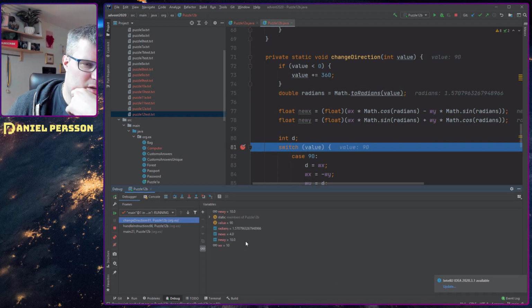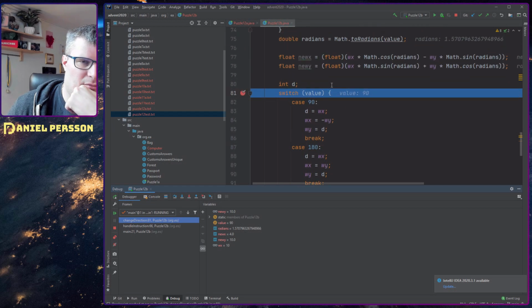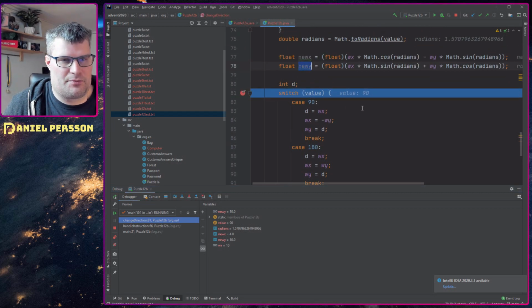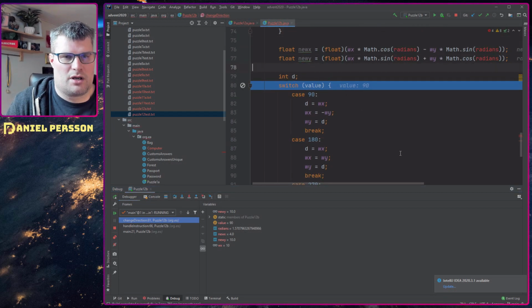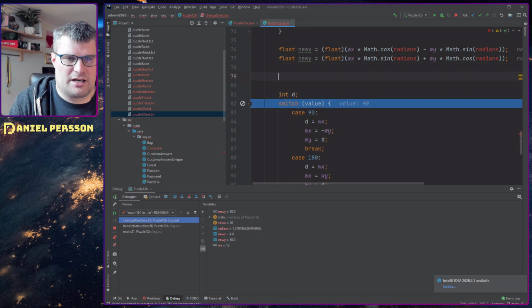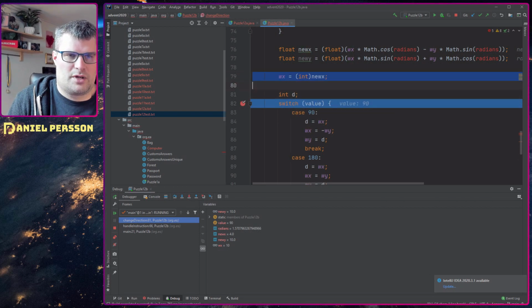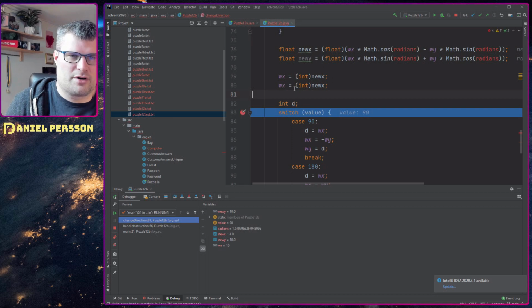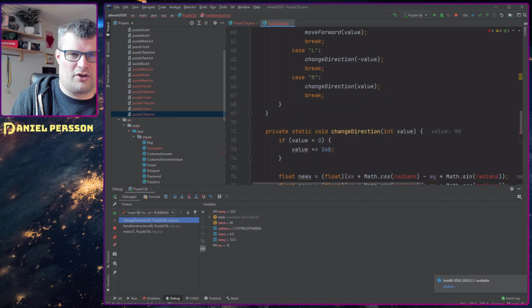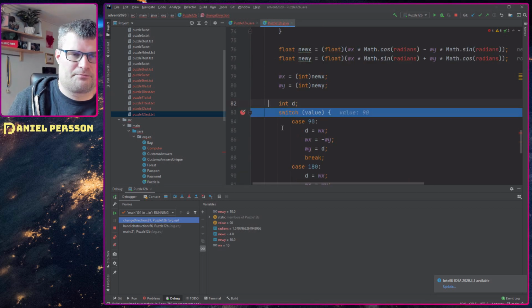So this is much more reasonable. And so we can easily use these new values as vx equals to new x. If we do that to an int value, and we use the same for y. And hopefully that will work.